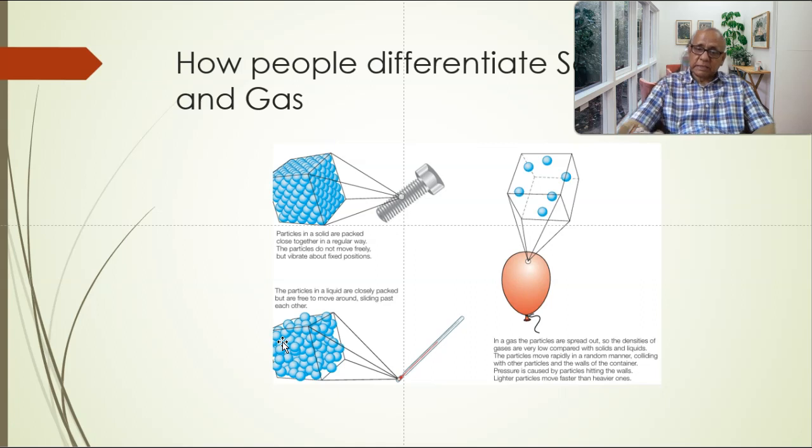And the next one is gas particles, which are randomly arranged, and the particles are colliding with each other and with the wall of the container, and it has a very little density compared to solid and liquid.